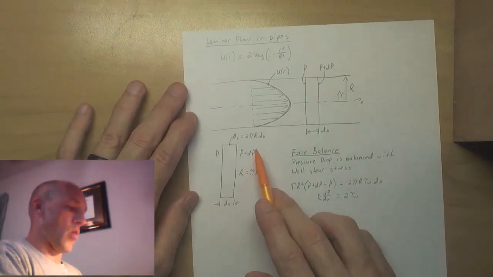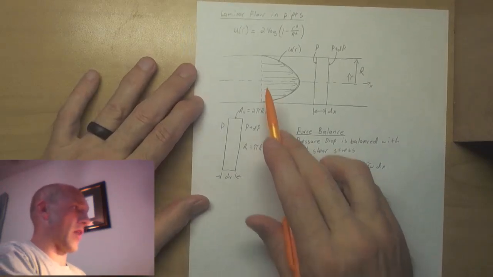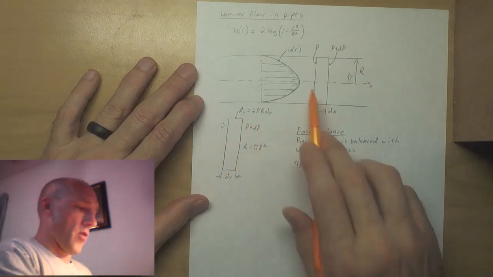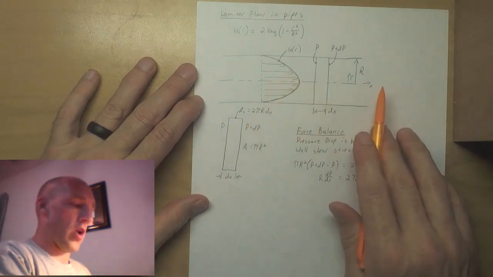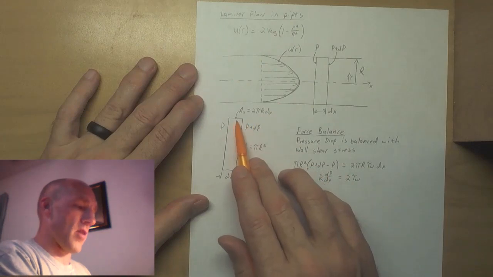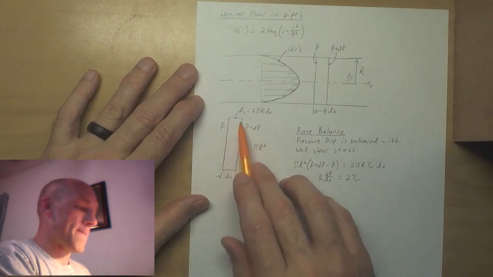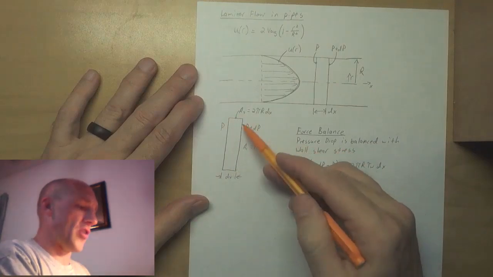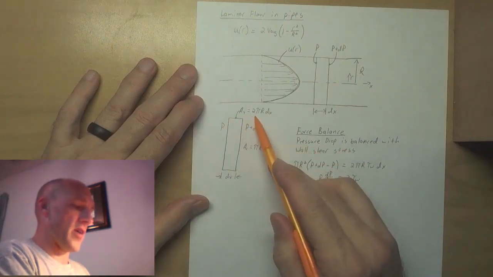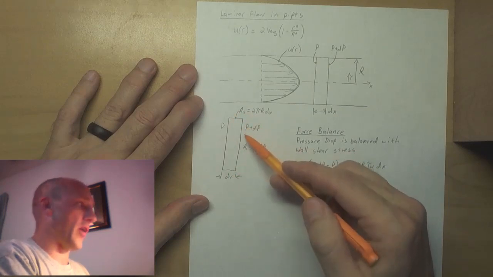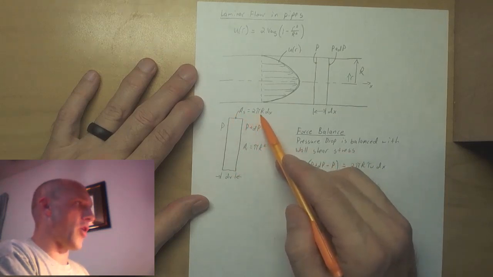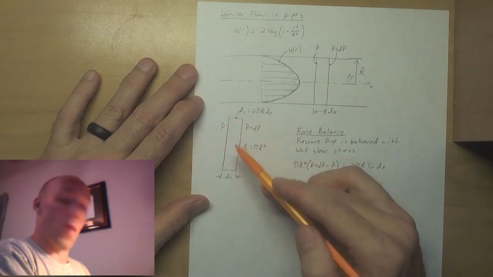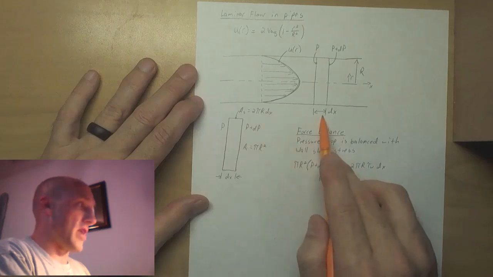Okay, in a steady situation we'll have a force balance, where the force of pressure pushing the fluid along has got to be balanced by the friction force acting at the wall. The cylindrical surface area is given by 2 pi r, the circumference of a circle, times the distance dx.